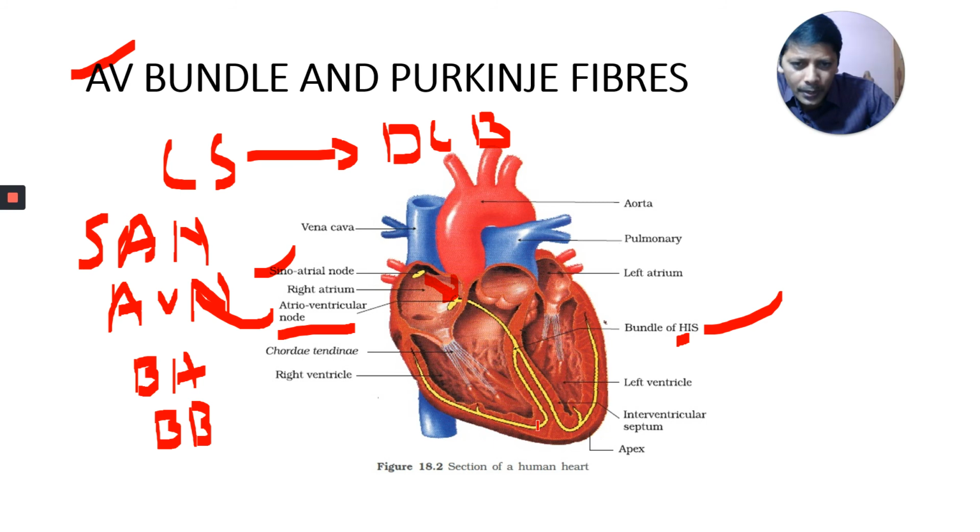The right bundle branch goes to the muscles of the right ventricle, and it divides to form structures called Purkinje fibers.